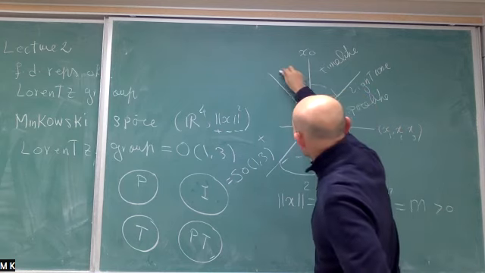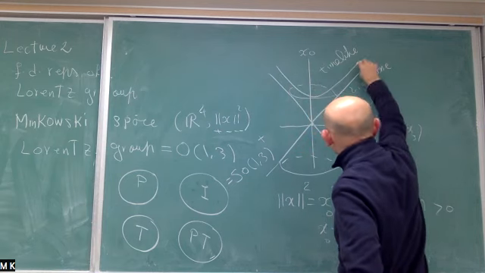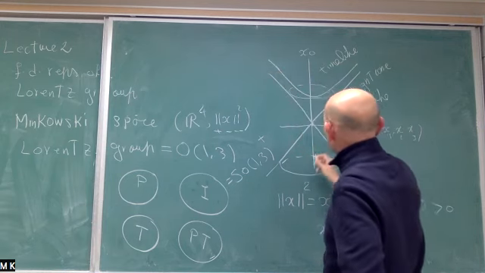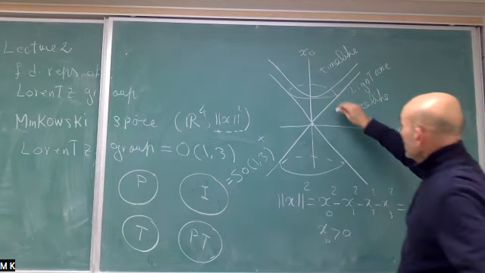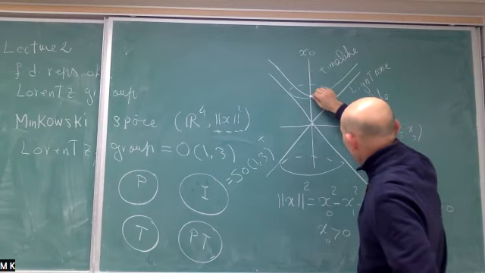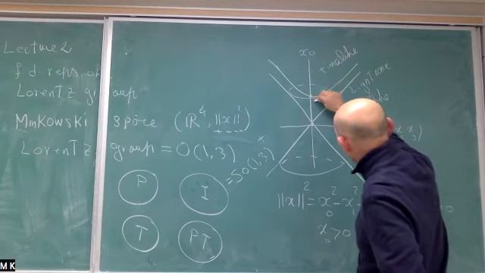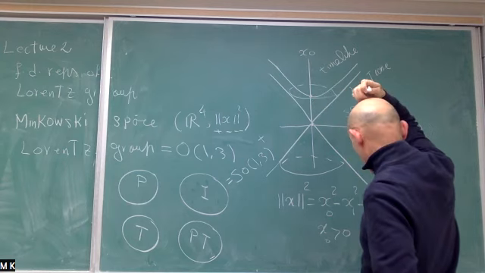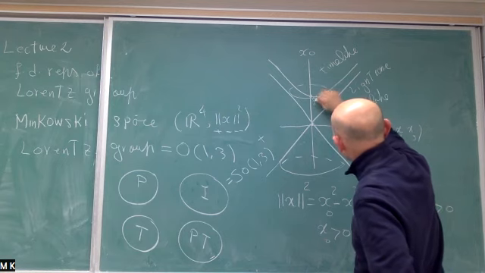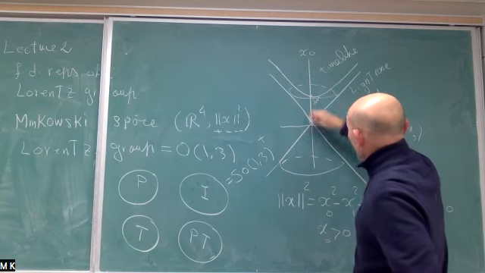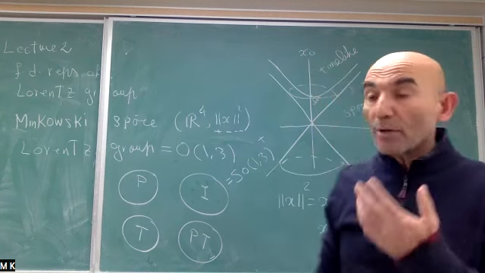One sheet is upstairs, and the other sheet is downstairs, which I don't look at for now. This is the square root of m here, of course. These hyperboloids are important. They are called mass hyperboloids.